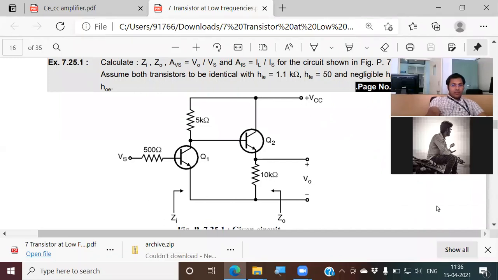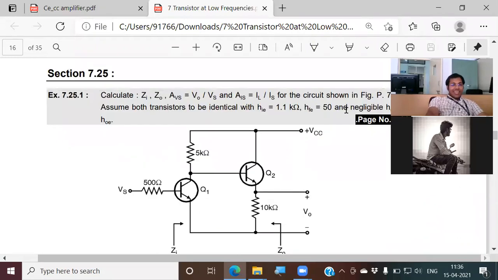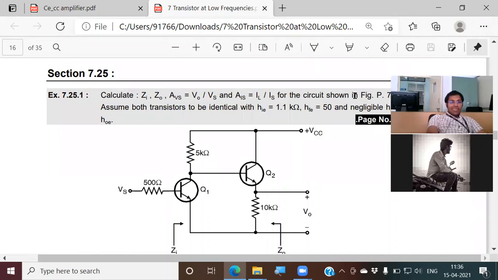What are the values? Here you can see HIE 1.1 kilo ohm. Please note down HIE 1.1 kilo ohm, HFE 50. I am repeating, HIE 1.1 kilo ohm, HFE 50.